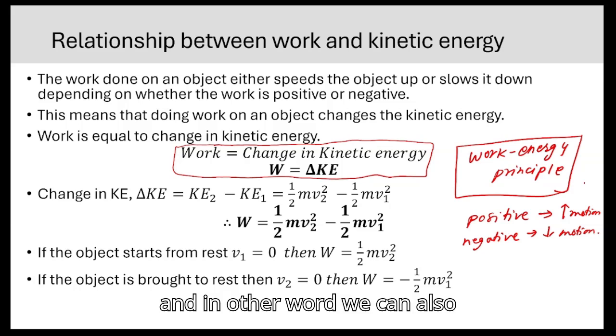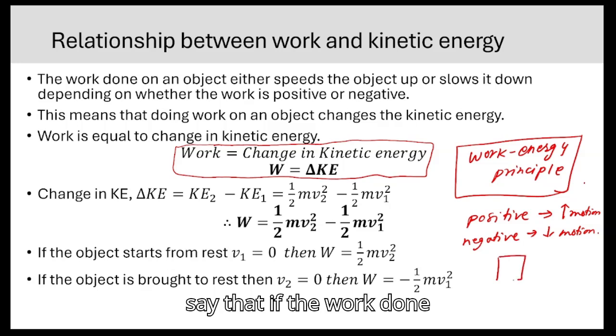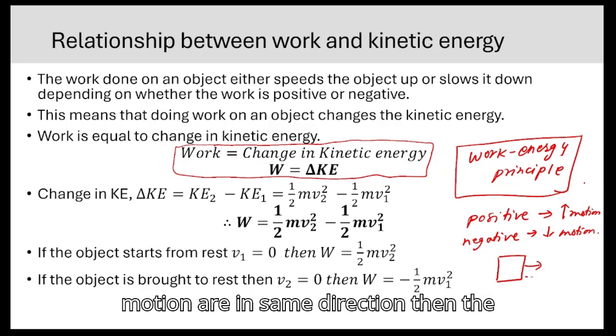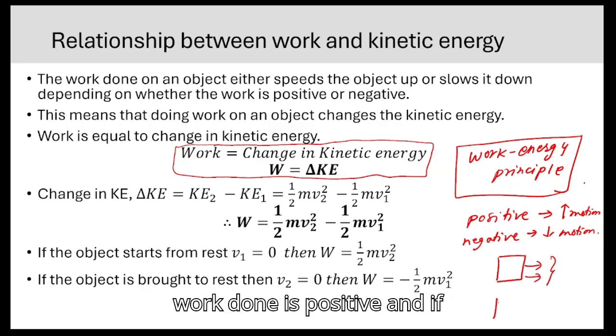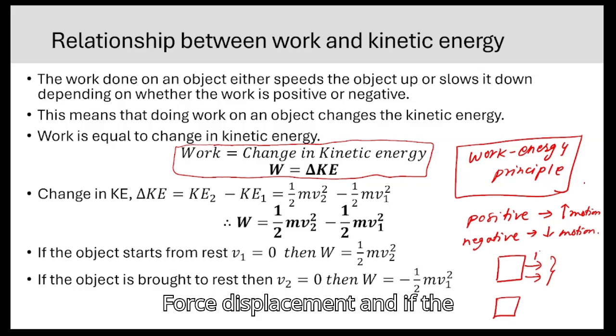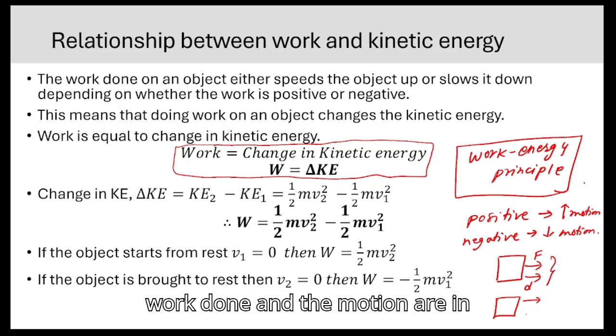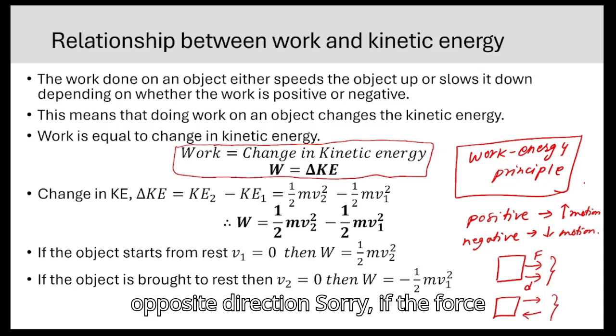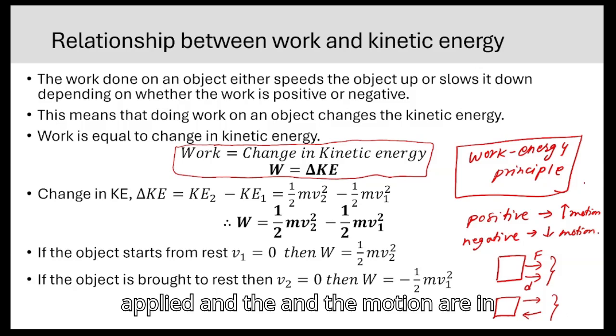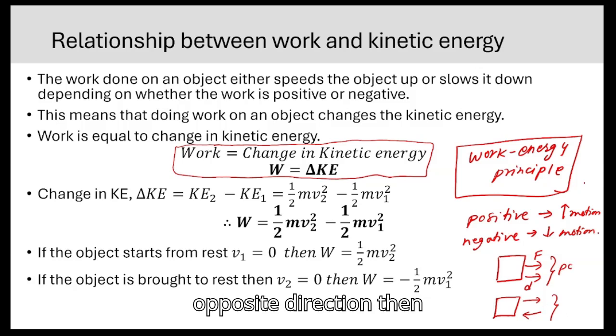In other words, we can also say that if the force and motion are in the same direction, then the work done is positive. And if the force applied and the motion are in opposite directions, then work done is negative.